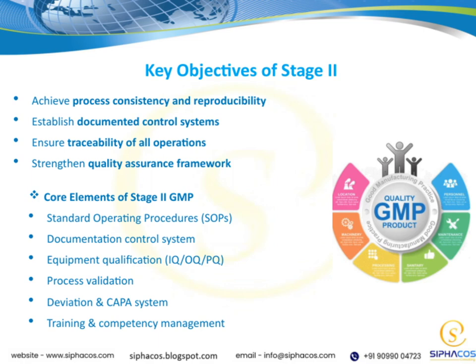And ultimately, strengthening our quality assurance framework is about creating a robust system that supports continuous improvement and compliance. All these elements work together to build a solid foundation for reliable and compliant manufacturing, aligning perfectly with the overarching goal of GMP to ensure product quality and patient safety.